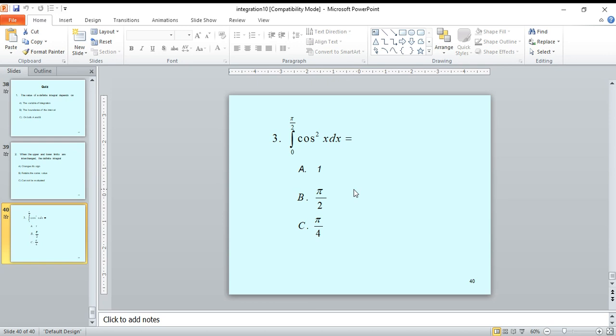Cos square x is 1 plus cos 2x by 2. Integration of 1 is x, and integration of cos 2x is sin 2x by 2. Pi by 2 minus 0, sin 2x at pi by 2 is 0, so the answer is pi by 4.